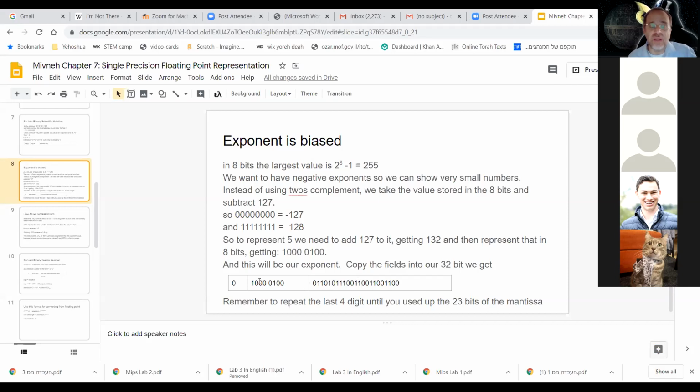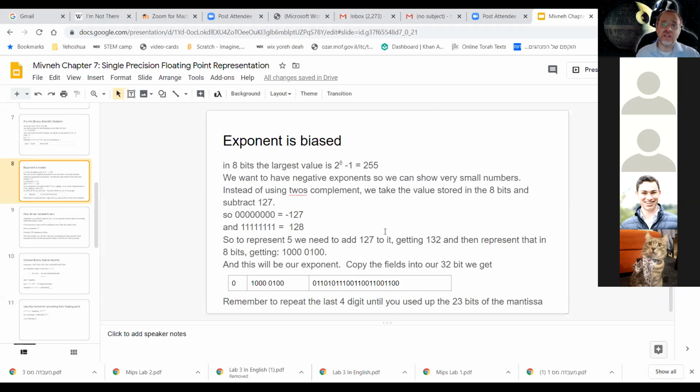So actually, I can write 127 here. And if I wrote 0, wait, what is 0 going to be? 0 is going to be negative 127. What number can't I represent?